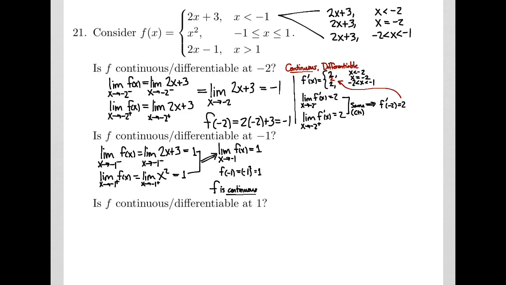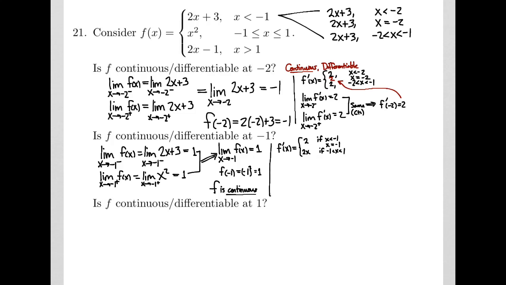Again, once I know that I'm continuous, I can look at my derivative. We know that the formula uses 2 if x is less than -1. It uses the formula 2x if I'm between -1 and 1, but I don't know what happens when x equals -1.